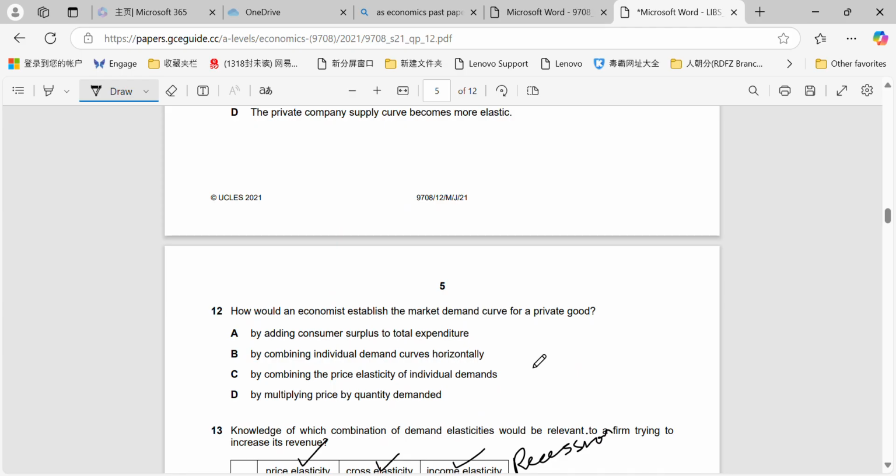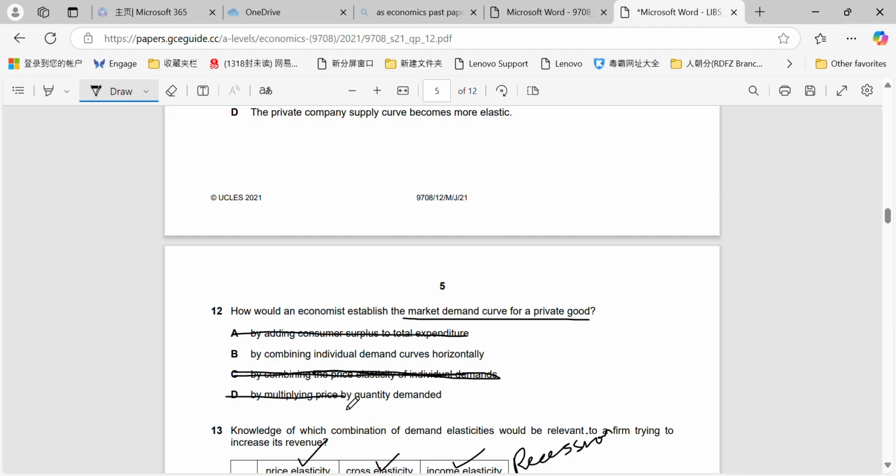Okay, how can an economist establish the market demand curve for a private good? Remember, market demand is the total sum of the individual demand curves. So consumer surplus and total expenditure have nothing to do with it. PED of individual demands has nothing to do with it. That is to do with the individual consumer, not the actual demand.